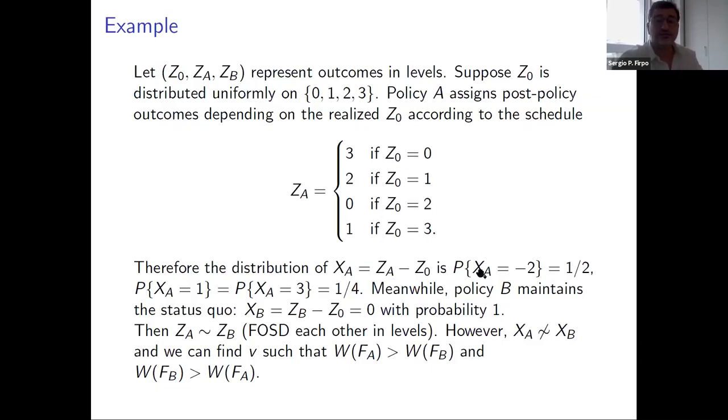So we have a distribution for XA. If the policy is doing nothing, the status quo would be just degenerate at 0, even though ZA and ZB have the same distribution. There's nothing you can think of ranking ZA and ZB according to this LASD.